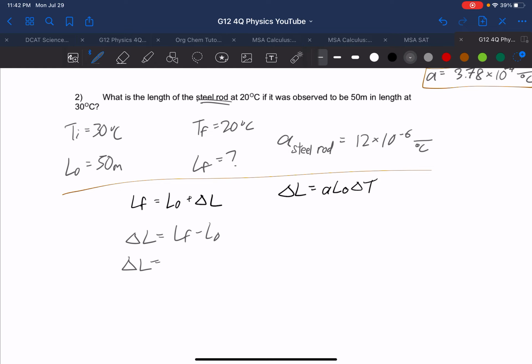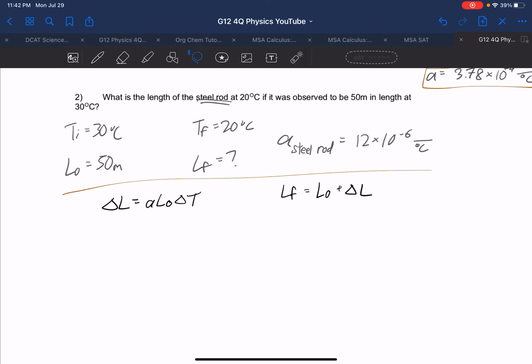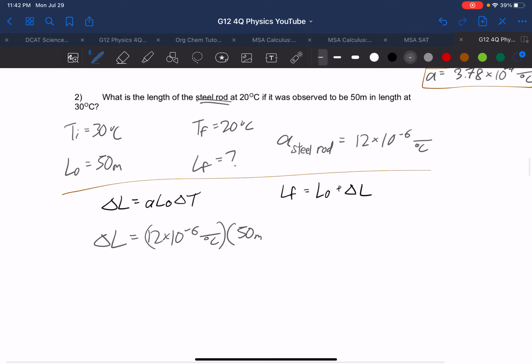But we're given the linear coefficient, so I guess we'll use this formula first, then that one. So yeah, we have to look for the change in L. Steel rod is 12 times 10 raised to negative 6 over degrees Celsius. LO is 50 meters. Delta T, or change in temperature, is TF minus TI, 20 minus 30.